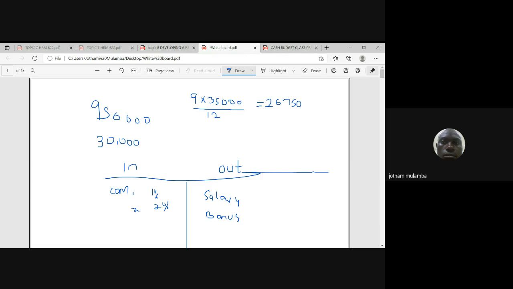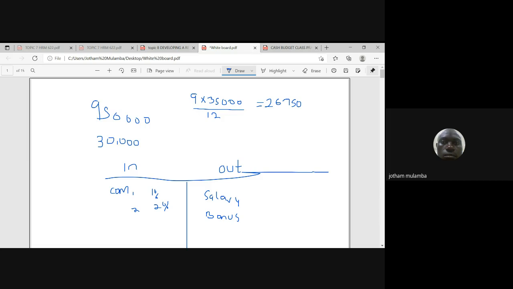But for salary, they are entitled to 35,000 for a whole year. And remember, when you're preparing cash budget, we'll prepare it on a monthly basis. So that means we'll do 9 times 35,000. That 9 is the number of employees the company has.